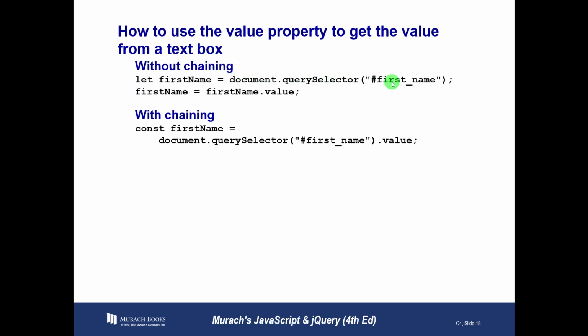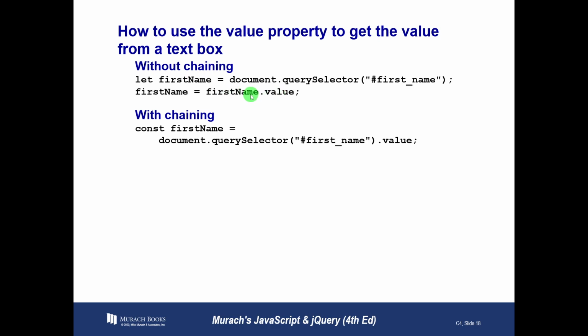So querySelector gets a reference to that text box that has first name on it, and it stores that reference in this variable called first name. We declared this variable first name. After this line runs, first name will have a reference to that text box. And then we're going to use the dot value property of first name, which is that text box.